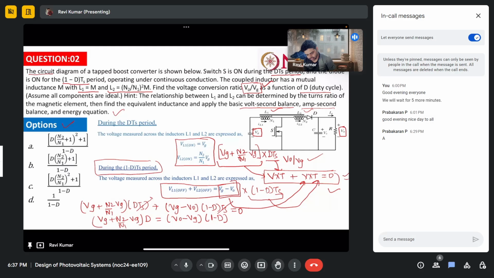If you just take this, A, B, is it which one? B, C?